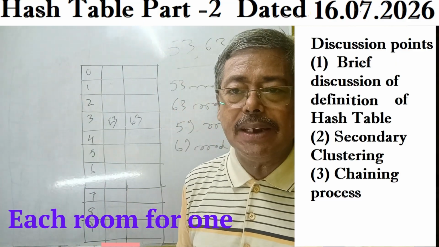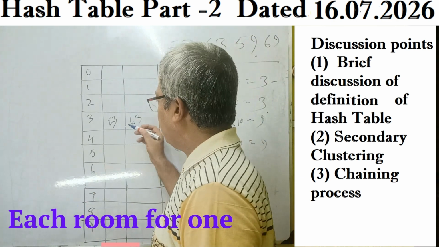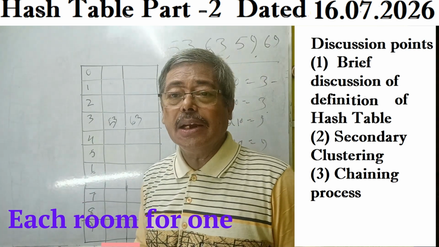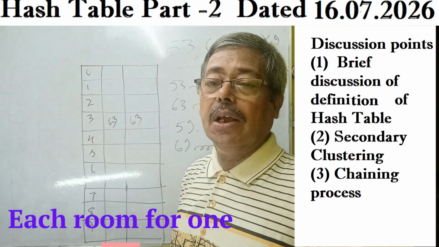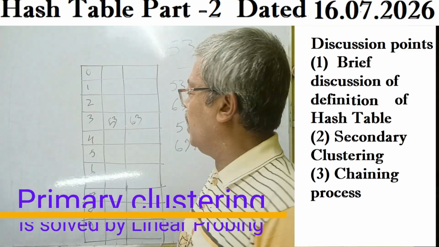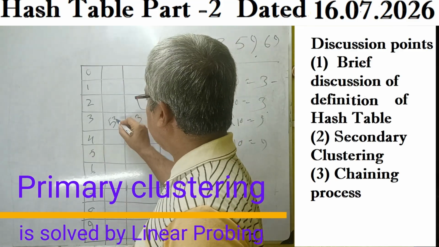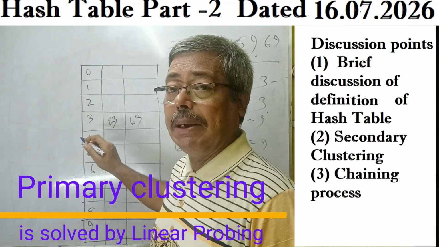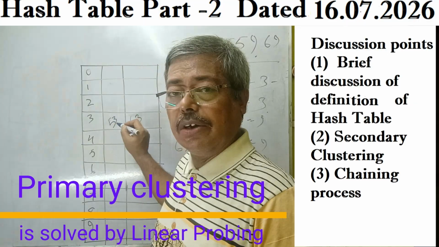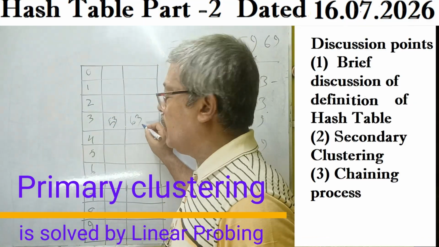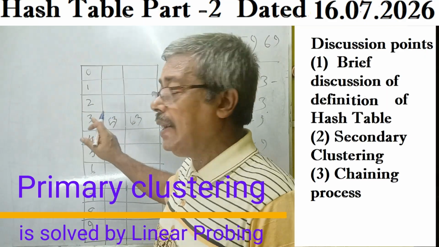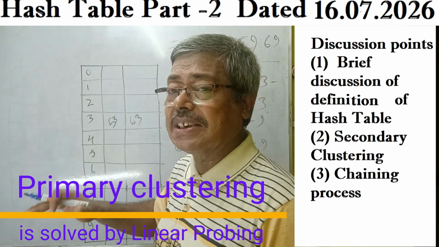How to resolve this primary clustering? Primary clustering is resolved by using linear probing. We already discussed in my previous video that primary clustering is solved by linear probing. Linear probing means, for 63 and 53, when a specific slot, slot number 3, is not available, then it will take the next slot.